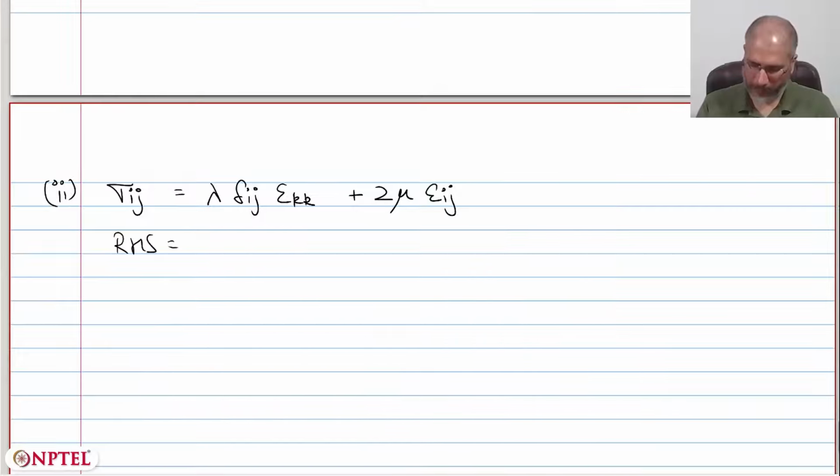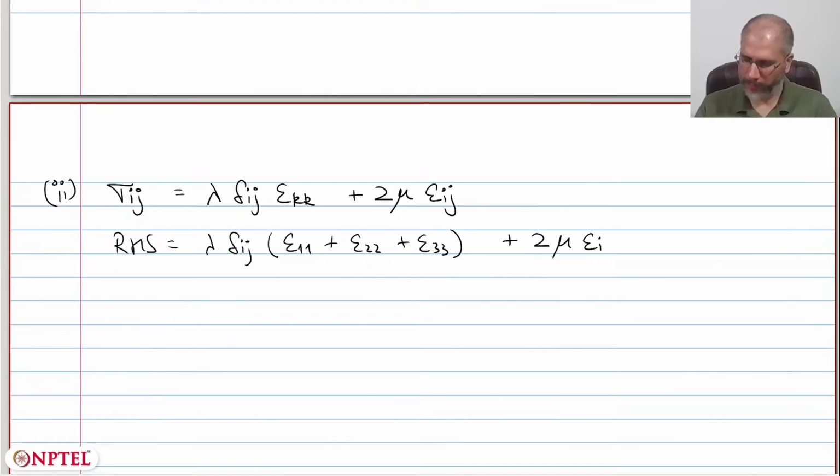The right hand side has an epsilon kk. So that epsilon kk expands to epsilon 11 plus epsilon 22 plus epsilon 33.